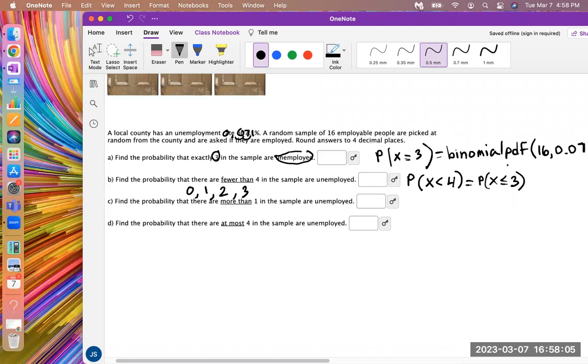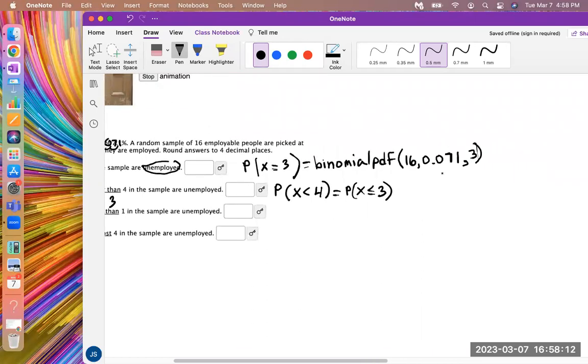So they really want us to do 3 or less. What we're going to do is put in binomial CDF, because this gives us 3 and everything smaller than 3. It's just another option on the calculator.